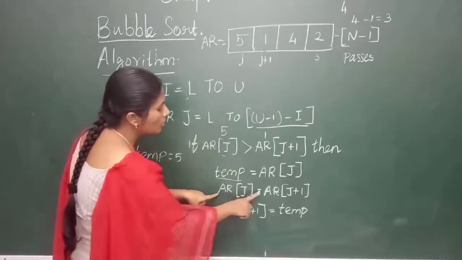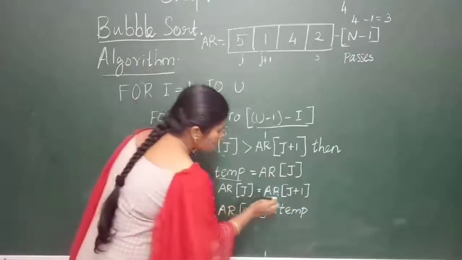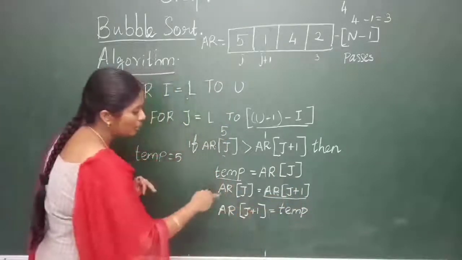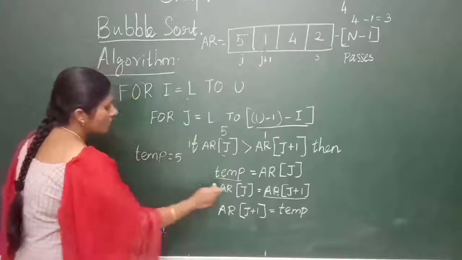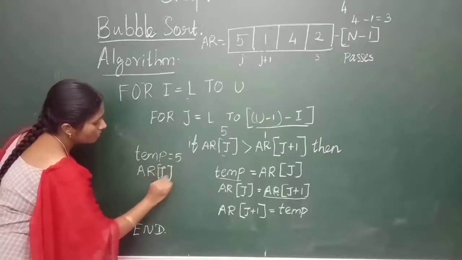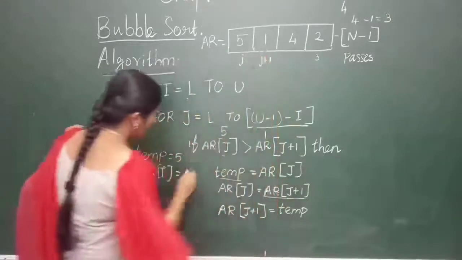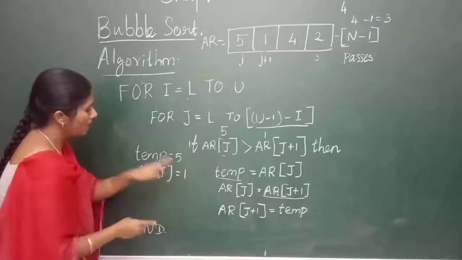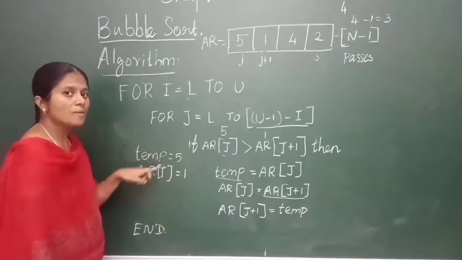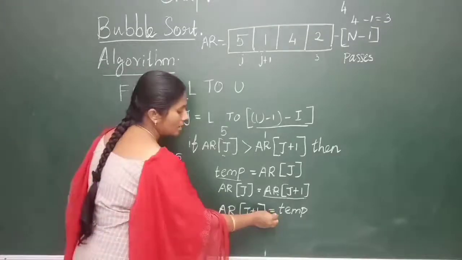The next step: array of j equal to array of j plus 1. Now we are moving the j plus 1 value to the j position. What is the j plus 1 value? 1. So the value 1 is stored in array of j. The next step: array of j plus 1 equal to temp.